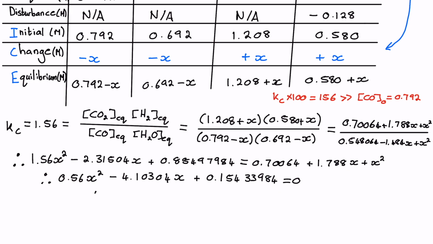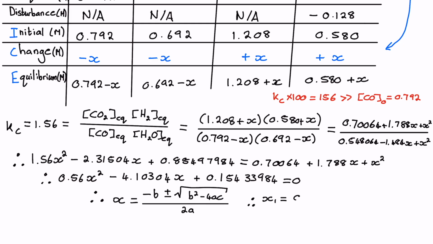So let's solve that using the quadratic formula. So x equals minus b plus or minus the square root of b squared minus 4ac, divided by 2a, and that gives me x1 equals 0.037811 and x2 equals 7.289 molar.